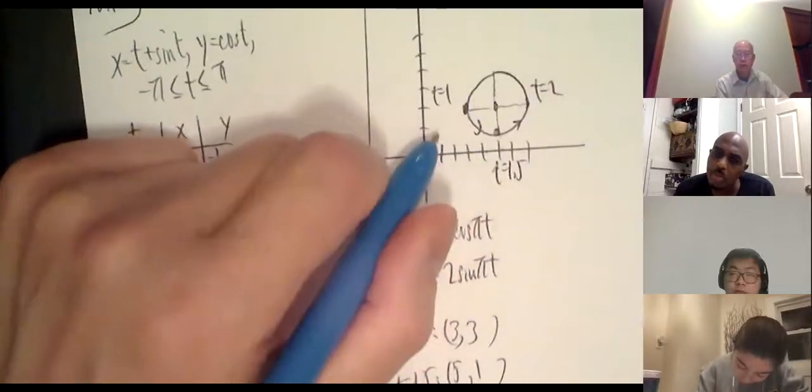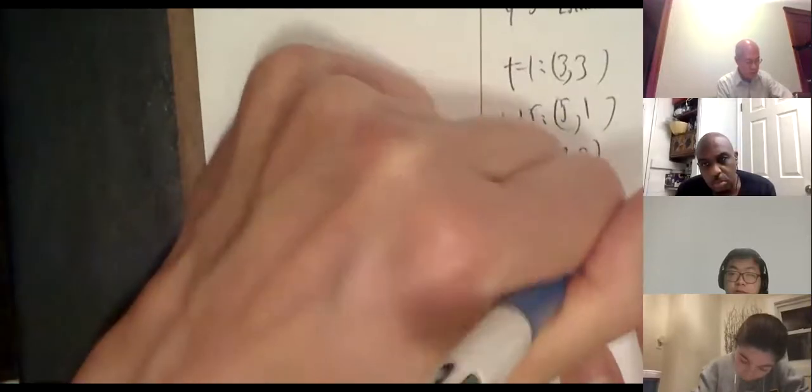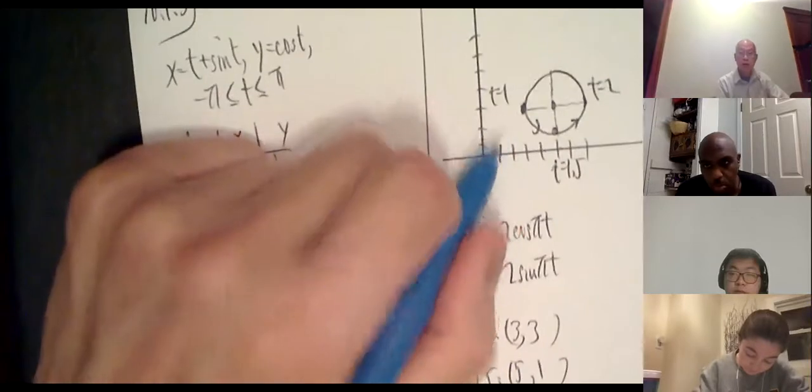So there we go. So describe the motion, it says. Describe the motion. So on the circle, (x minus 5) squared plus (y minus 3) squared equals 4, starting at here, where's here? (3, 3).